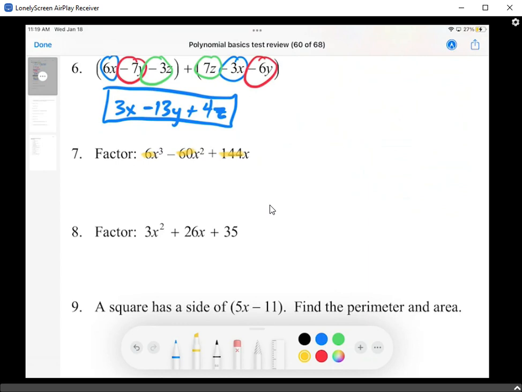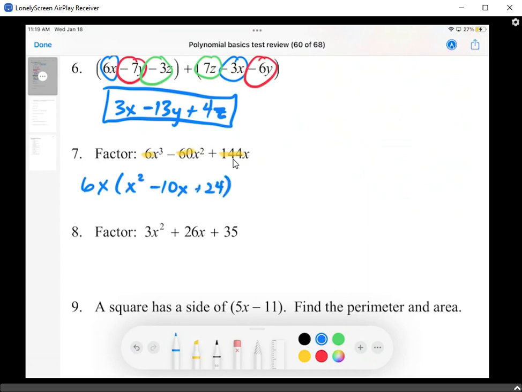Every single one of those is divisible by 6. So I'm going to draw out 6 as a greatest common factor at the front. I also notice that they all have at least one x attached, so I'm going to draw that out to the front too. And look at what's left. After you divide out 6x as a greatest common factor, you've got x squared minus 10x and then plus 24.